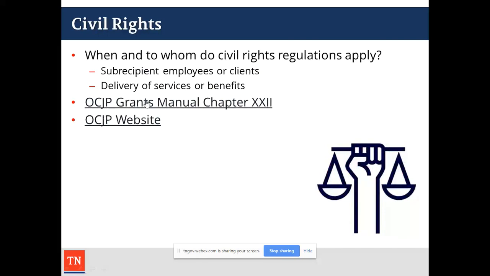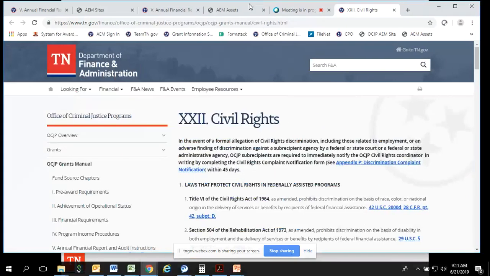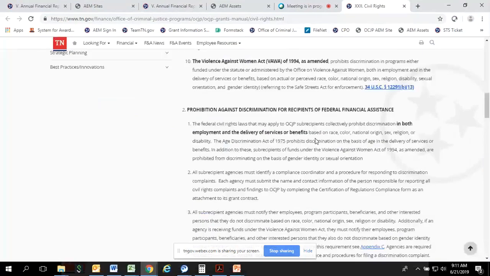So some resources that you can consult when you are looking at civil rights, you can go to the OCJP Grants Manual, Chapter 22, and it is right here. This is what it looks like. It goes over all the laws.